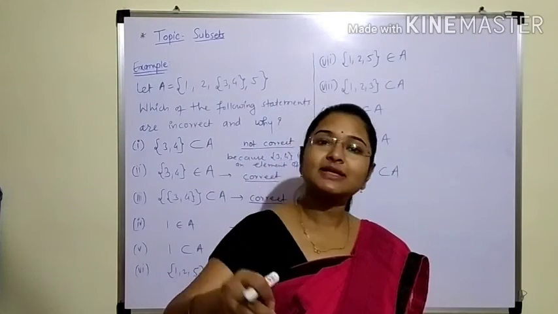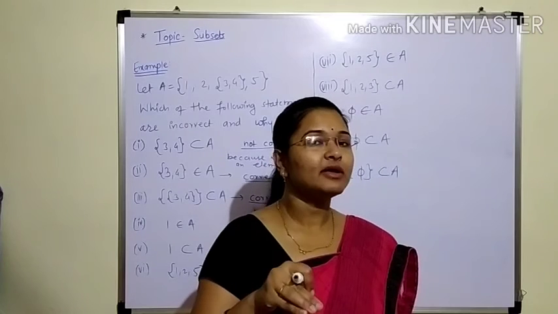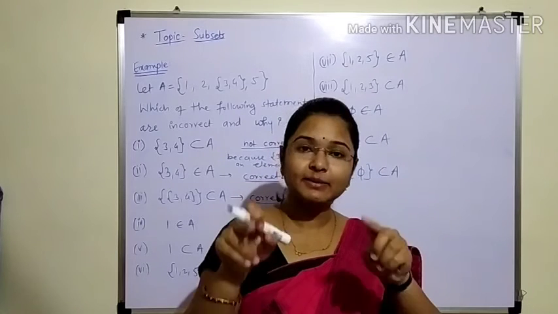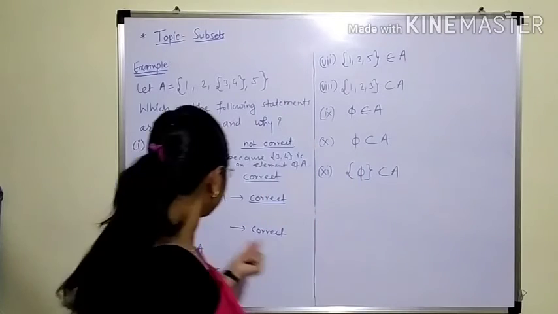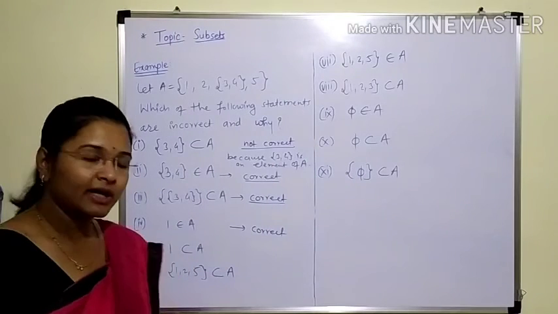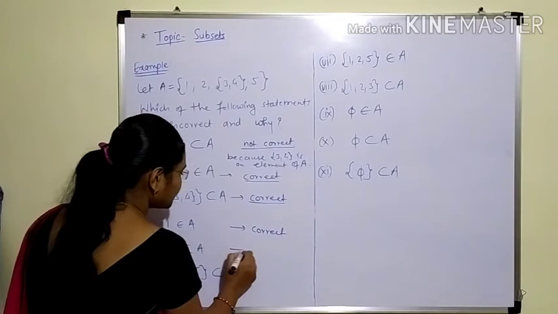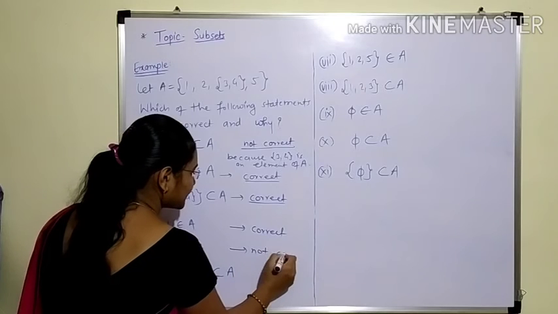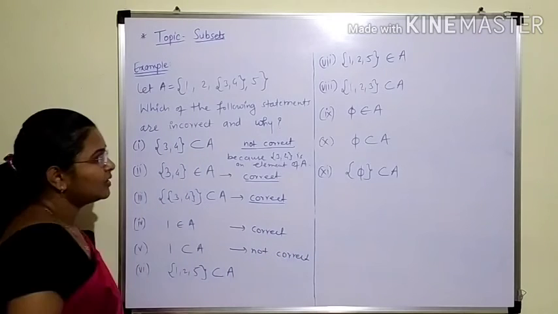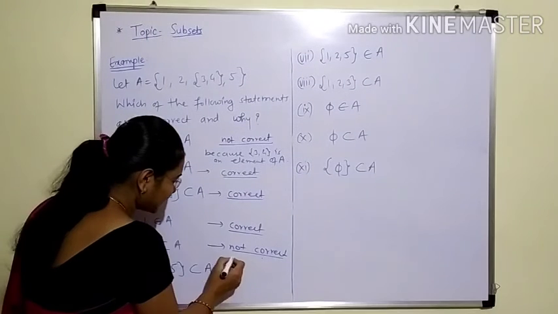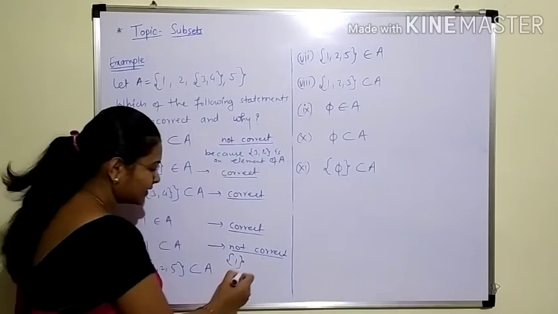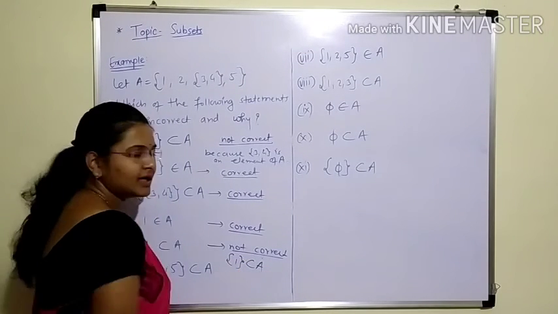So 1 is an element of A, and if we write it in curly brackets, {1}, that will be a subset of A. So how will only 1 be a subset of A? So this statement is not correct. Okay, so which will be the subset then? {1} will be the subset of A.